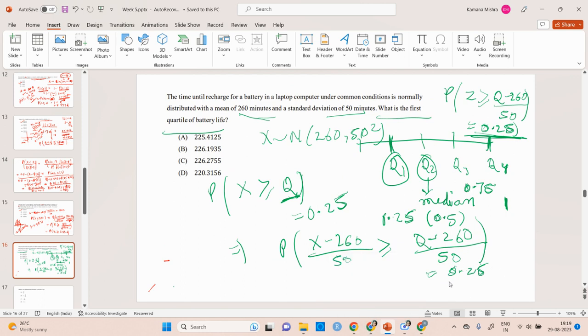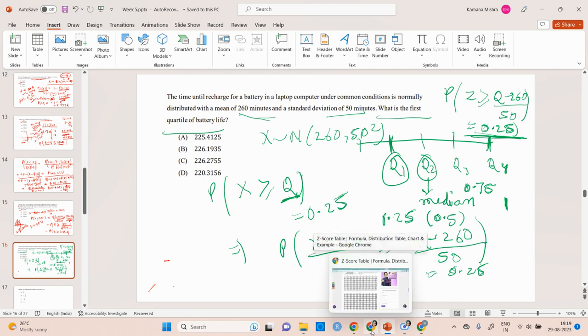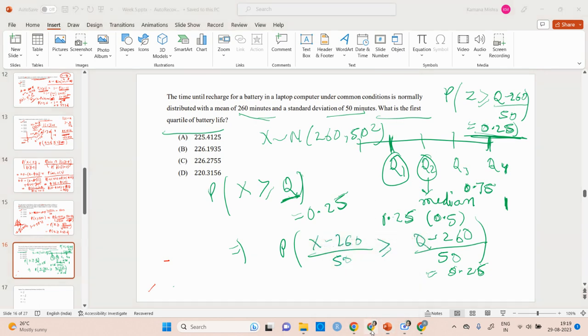It is greater than 0.25, so it will be 1 minus phi of (q minus 260) by 50 equal to 0.25.